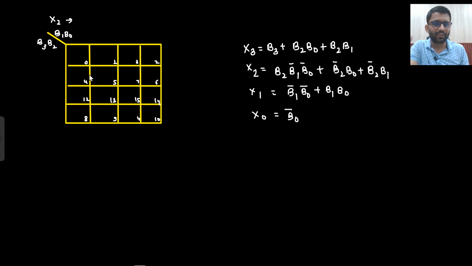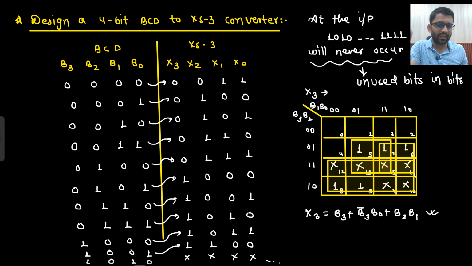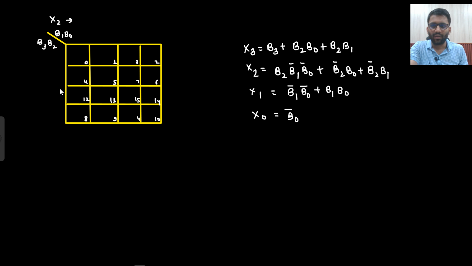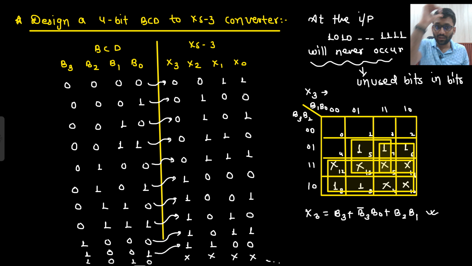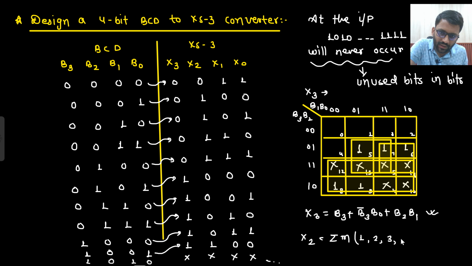So I will only do x2. x0 you can directly see is b0 bar. x0 is b0 bar, you can directly see here. For x1 you can do it on your own. For x2 I will do it. So what are the minterms for x2? 1, 2, 3, 4, 5, 6, 7, 8, 9.